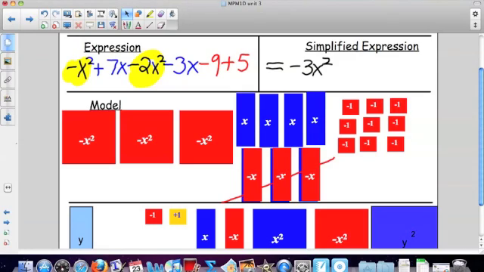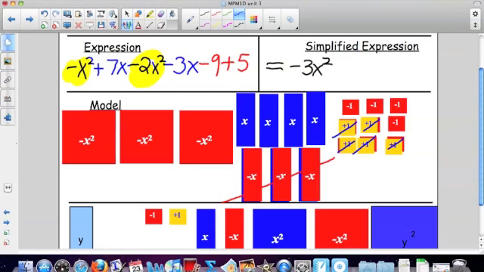How many, Ben? 5 of them? Good. So, 1, 2, 3, 4, 5. Okay, so the zero principle is applied to those. So I should be left with positive 4x, negative 4. Is that correct? Does everyone have that simplified expression? Okay, perfect. So that is a clear representation on how to use algebra tiles.